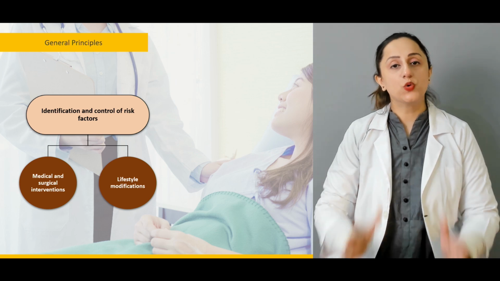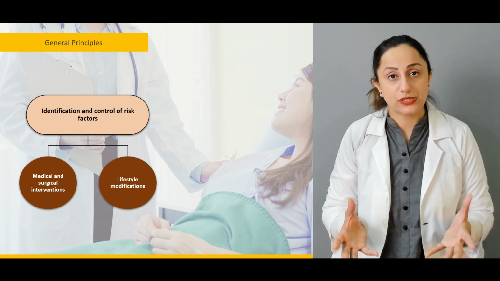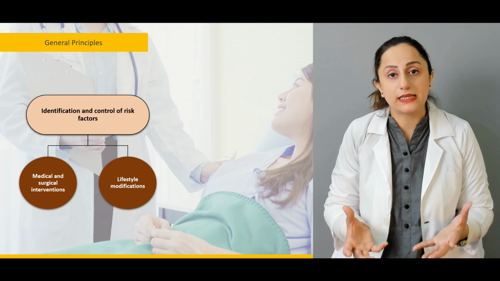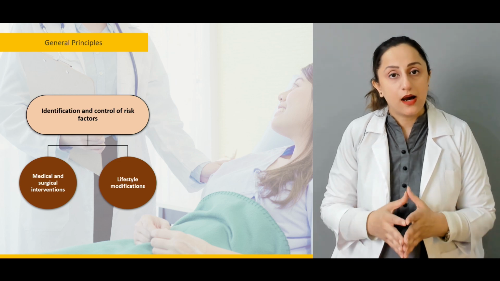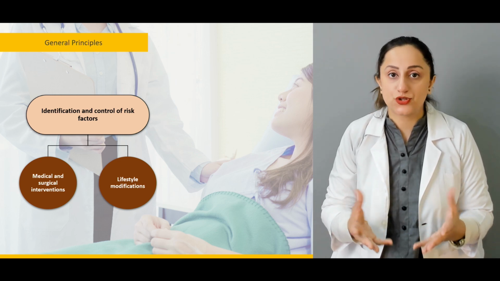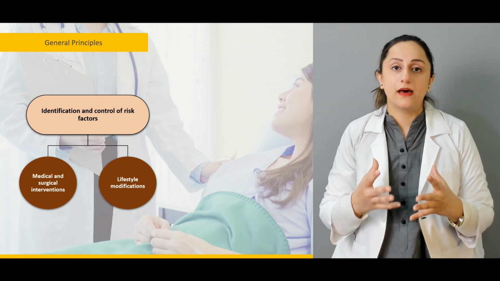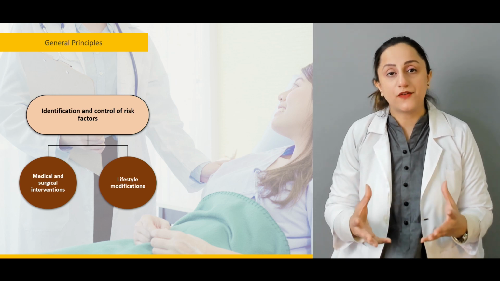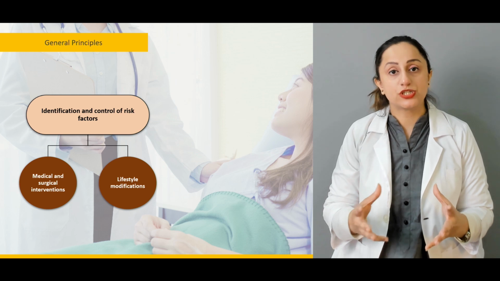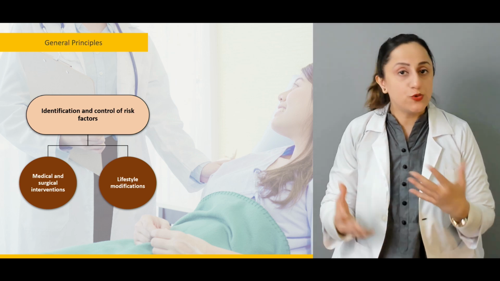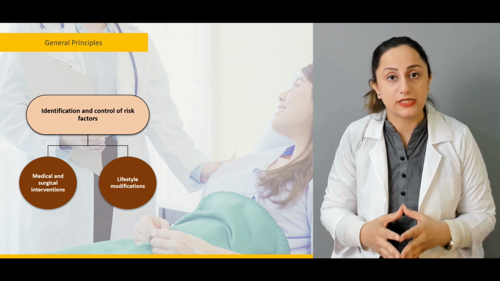Then obviously, most importantly, the lifestyle modifications. A sedentary lifestyle makes you more prone to an attack of an ischemic stroke. So you always ask these patients to have a lifestyle which involves some sort of physical activity.